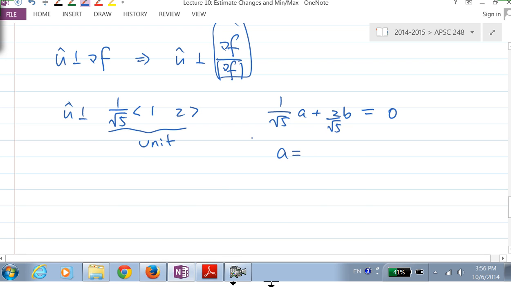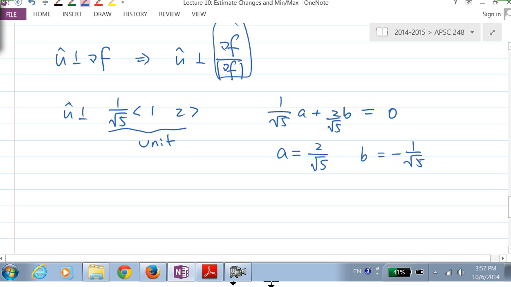A is 2 over root 5, is that what you're saying? And then B is negative 1 over root 5.